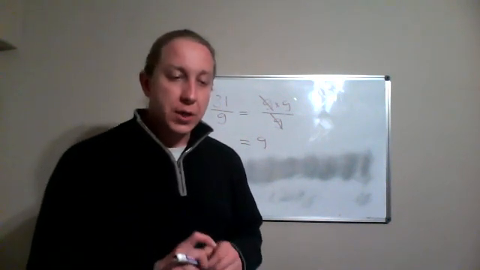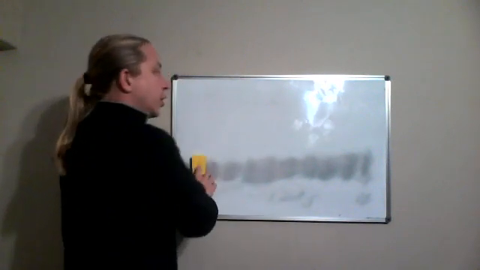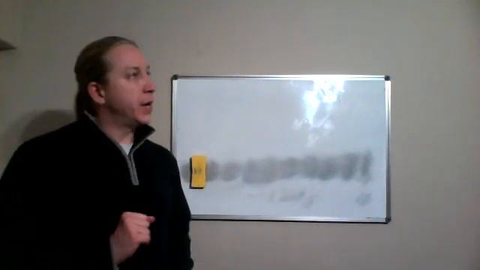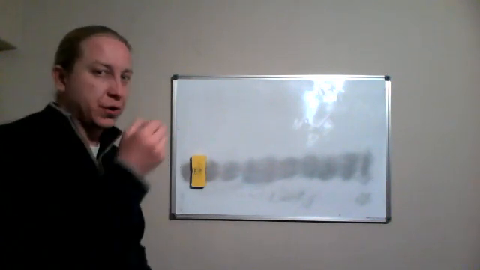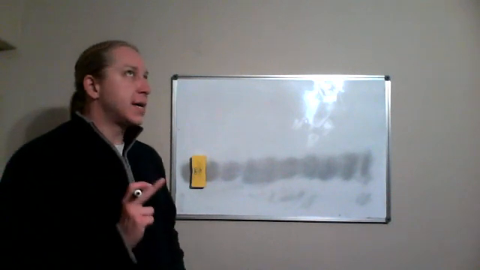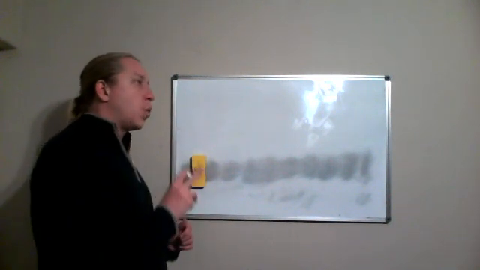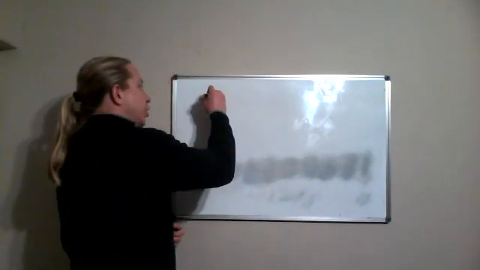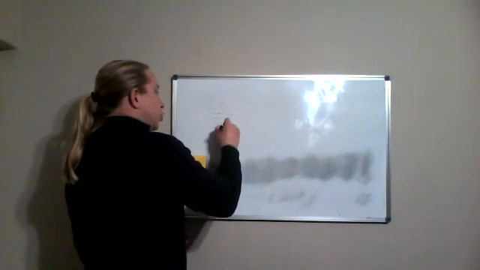In each suit, there are 12 cards. Okay, so 12 times 2 will give us 24. No, wait, it's not 12, it's 13. I'm lying. It's 13 cards in each suit. Okay, so 13 times 2 is going to give me 26. So what fraction of red cards do we have in a deck? It's going to be 26 divided by 52.